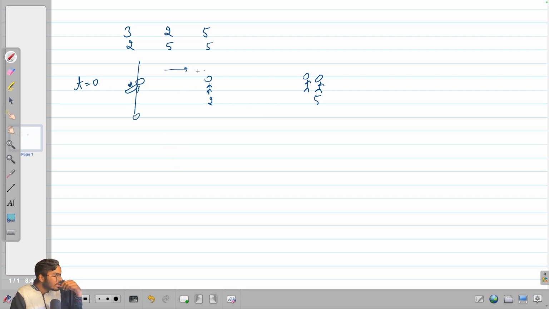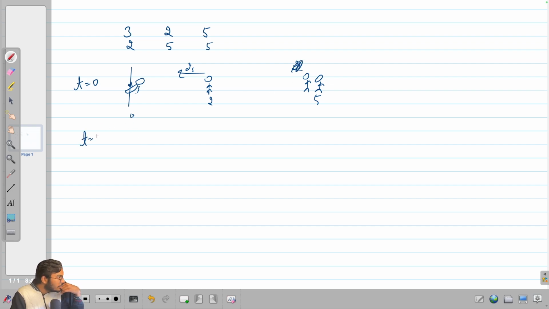So let's say this scarecrow starts moving left. Wait a second. Okay, so let's say this scarecrow starts moving left, and this scarecrow also moves left. Obviously we have to wait 2 seconds and then only this will reach here. So let's say after 2 seconds, one of these scarecrows will have moved left. Okay, now for now let's forget about this one.